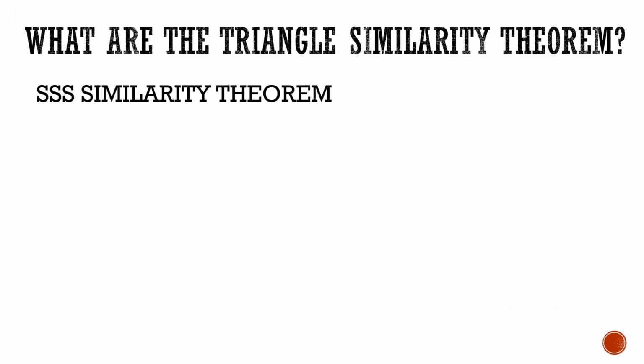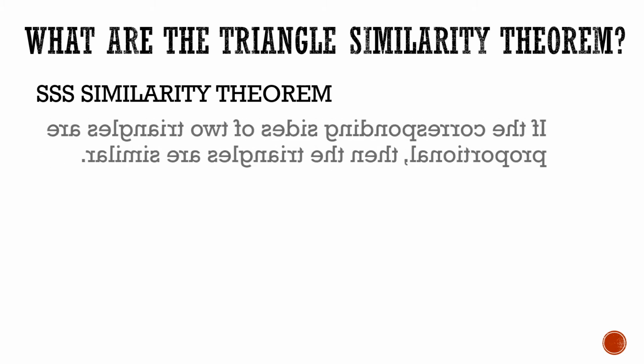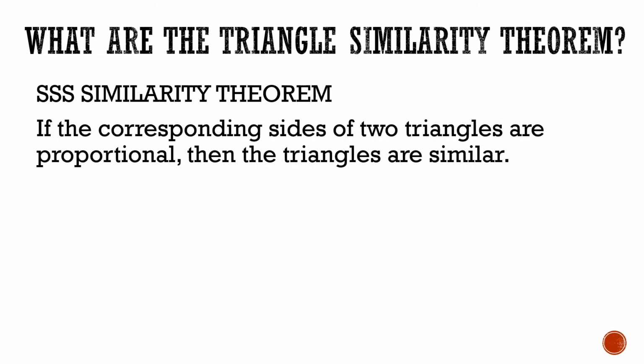SSS similarity theorem, or side-side-side similarity theorem. If the corresponding sides of two triangles are proportional, then the triangles are similar. Let's have triangle ABC and triangle DEF.